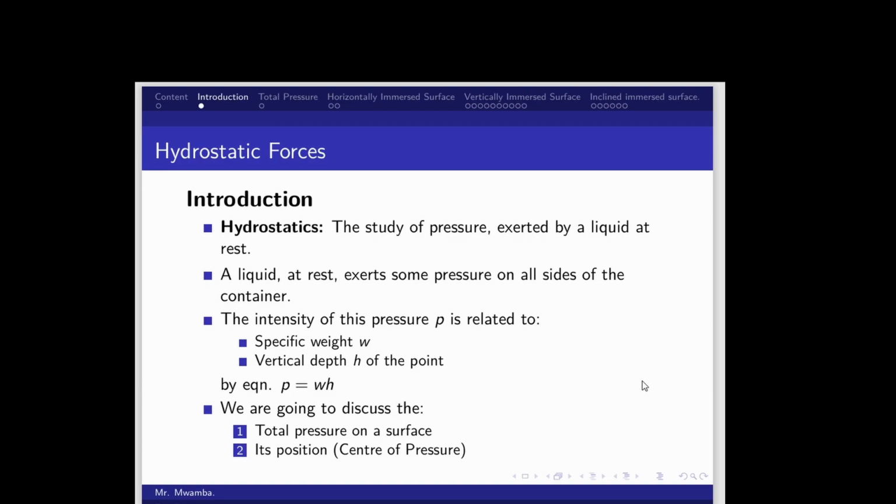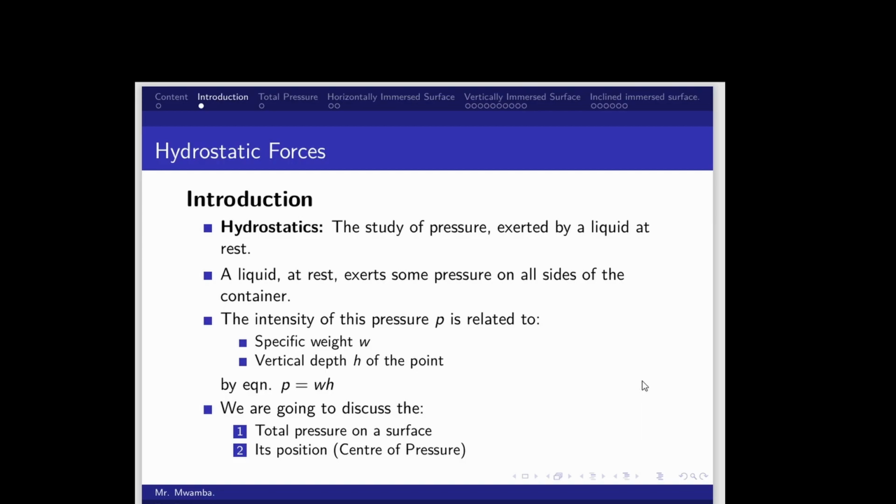I was saying that when a liquid is in a container, it exerts some force at the bottom of the container and on the walls of the container. And if you throw, let's say, a piece of metal into a container that is filled with a liquid, for example water, and it sinks to the bottom, there is an amount of liquid on top of that metal that will exert some pressure or some force on that immersed object in the liquid.